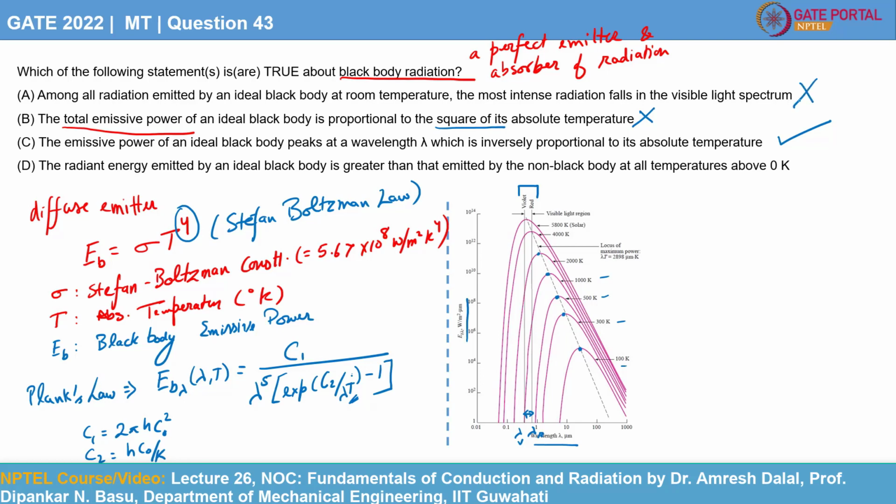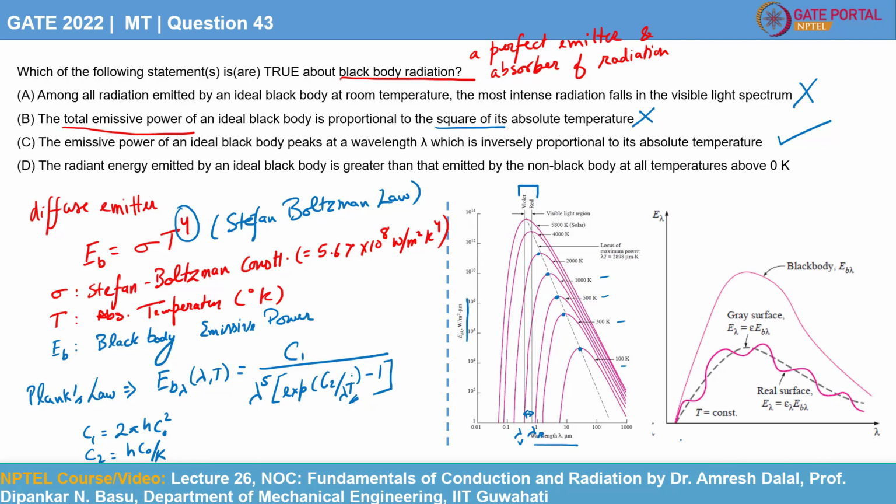Fourth statement: the radiant energy emitted by an ideal black body is greater than that emitted by a non-black body at all temperatures above 0 Kelvin. If you look at this curve, on the y-axis you have the energy that is emitted by a surface as a function of wavelength, and on the x-axis it is wavelength. The curve for a black body is always higher than the curve for a real surface.